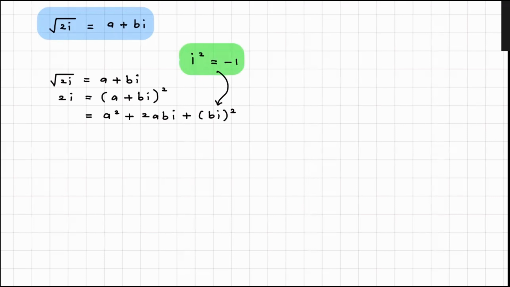Because you got i squared, it's going to be -1, so it's going to be negative b squared. Negative because your i squared has become negative. The b squared is still there. So I'm going to segregate them, guys: a real number and an imaginary number.